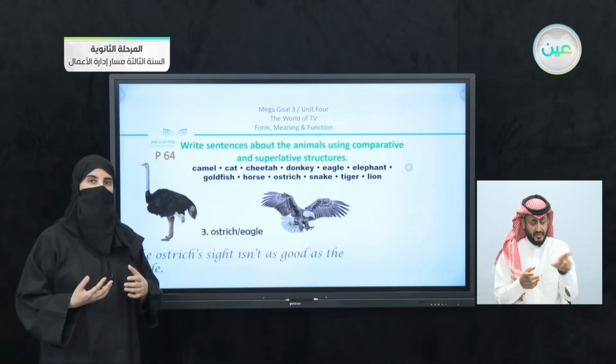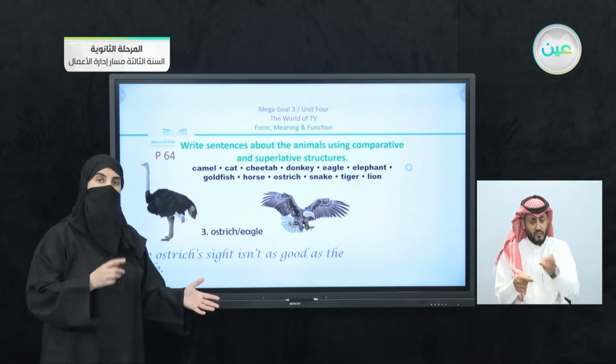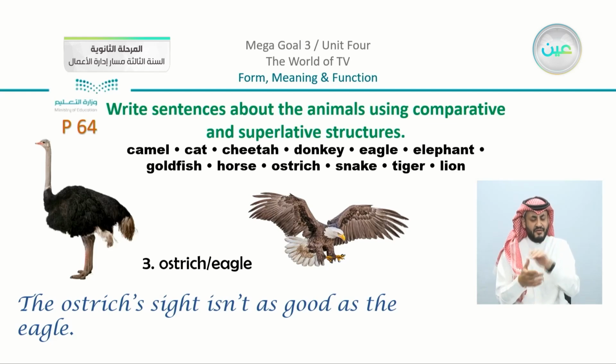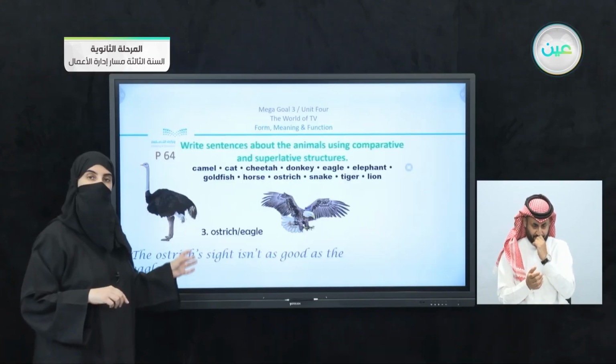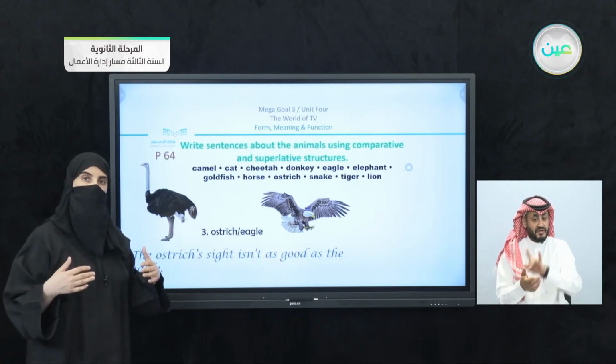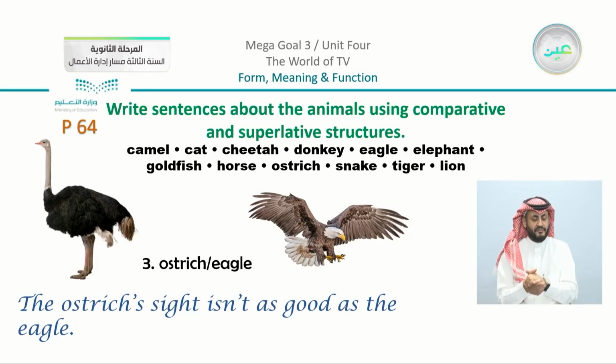We did mention that it has stronger eyesight than the zebra, but comparing it to the eagle, the ostrich's eyesight isn't as good as that. Now here, you can notice that I used the positive degree in comparing, but I added a negative. We have here isn't as good as, which cancels the idea of positive here.